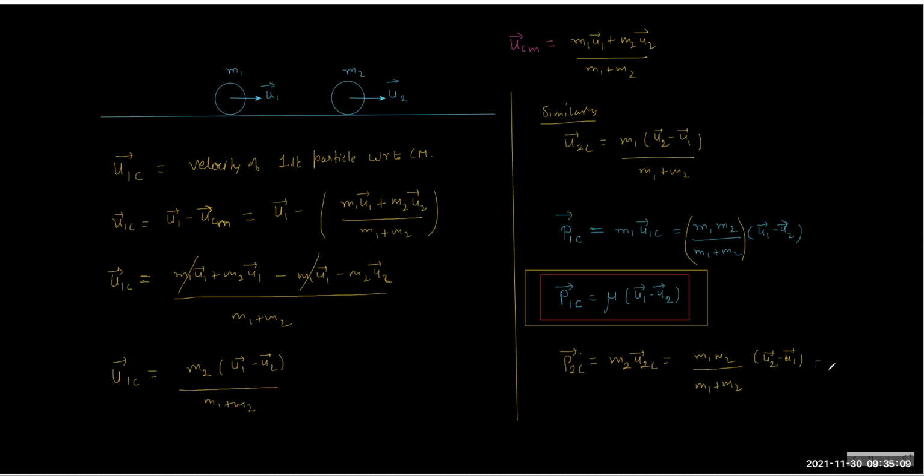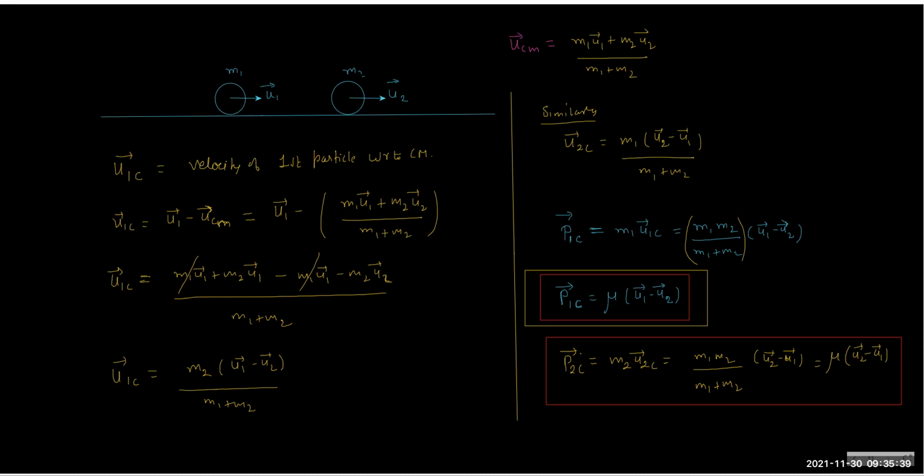The only difference that you can realize is that the momenta are exactly the same numerically, but they are exactly opposite in direction. Exactly opposite. And that's why I said that the directions of momentum of the two particles in the CM frame will always be equal and opposite.